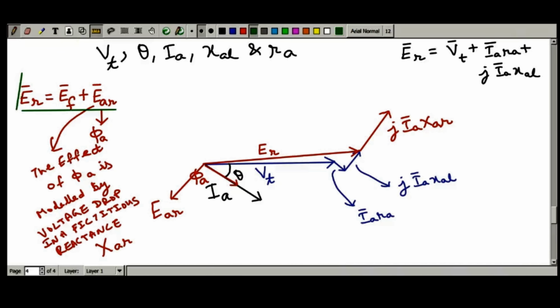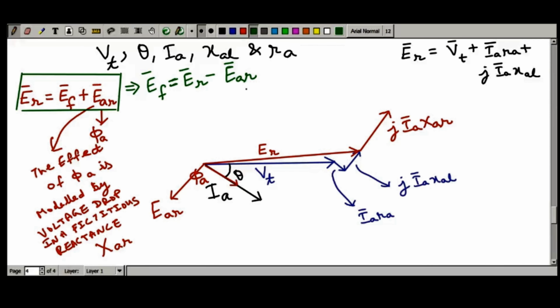If we bring this Ear to the left hand side of the equation, what is going to be our Ef? From this only, Ef equals Er minus Ear. You can see it over here. Ef equals Er minus Ear.